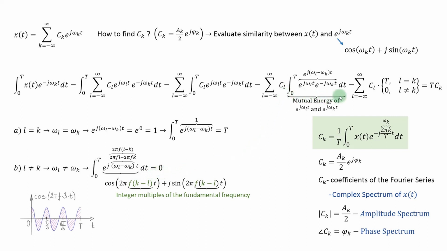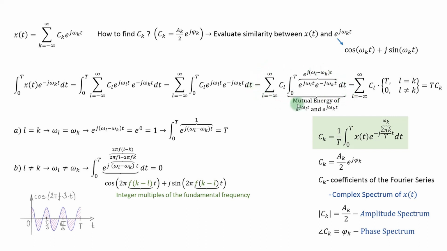So this integral can have two values. It can have the value of t, and that will happen when L is equal to k, that is when this frequency and this frequency are the same. But if these two frequencies are not the same, if L is not equal to k, then this integral will be equal to 0.